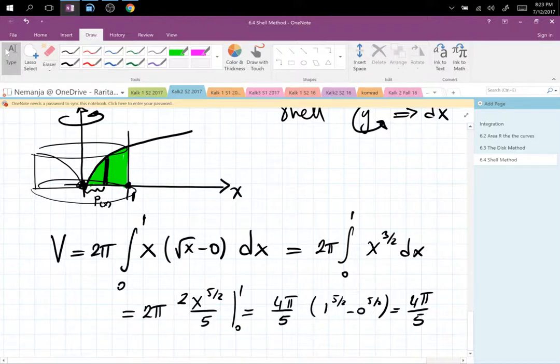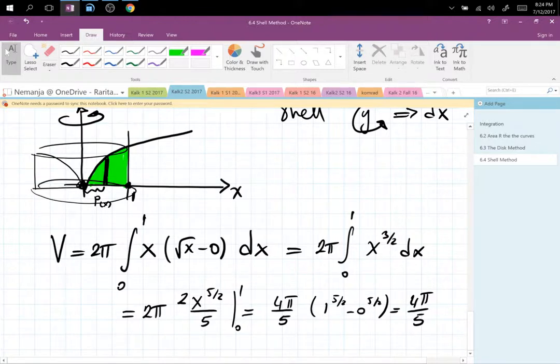That's more work. You are squaring two different functions. There is a function x equals 1, and then the function over here, x equals y squared. So you would have to do 1 minus y to the 4th dy, and then work it out from there. You have to get the same answer.